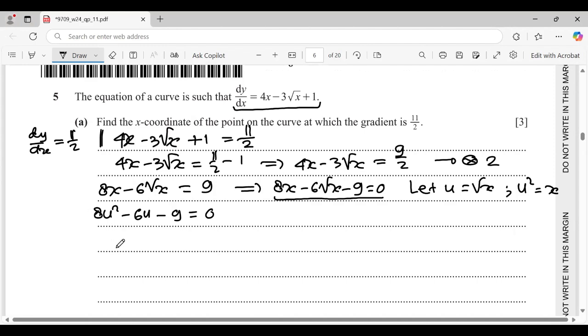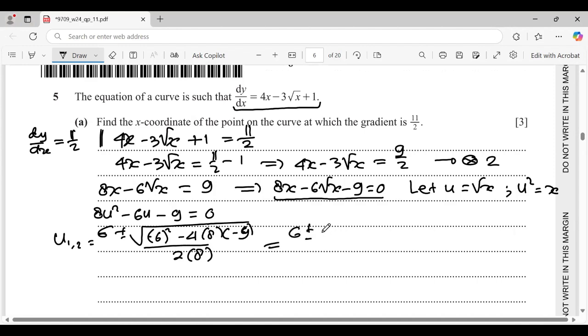You can use factorization, but I would like to use the quadratic formula: 6 plus or minus square root of minus 6 squared minus 4 times 8 times minus 9, over 2 times 8.